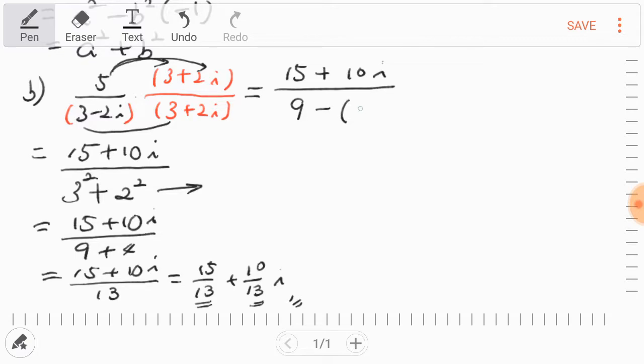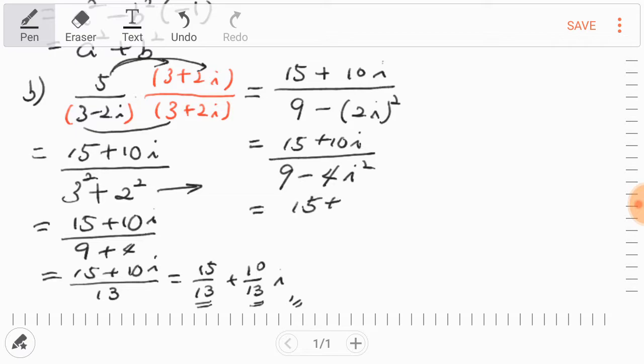The b part is 2i, so 2i squared. Then 15 plus 10i over 9 minus, 2i squared is 2 squared, 2 times 2 is 4, and then i squared.